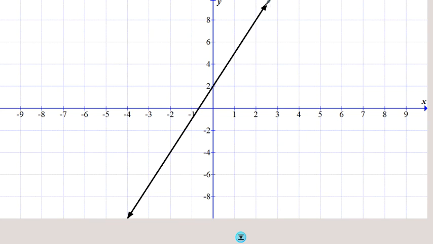Note that the arrow here and the arrow here indicate that this line extends in both directions. And we can write here y equals 3x plus 2. That tells me what the equation of this line is, or I can say f of x equals 3x plus 2 if I want to. We'll get back to that.